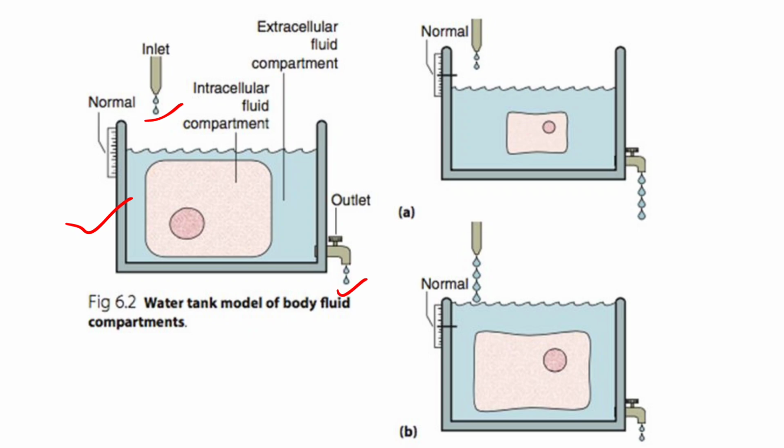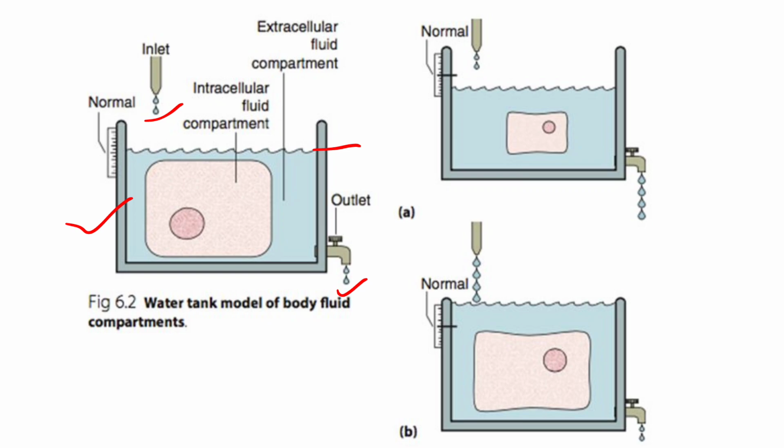When the intake of water is exactly equal to the output of water, this is called water balance. In this state, this is the level of extracellular fluid volume in the normal state.